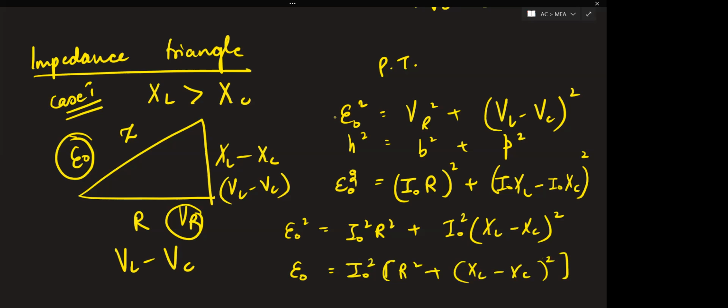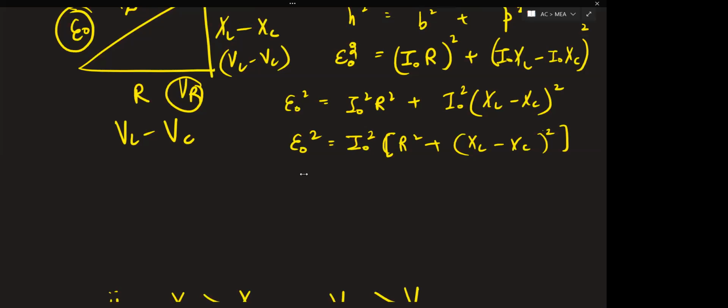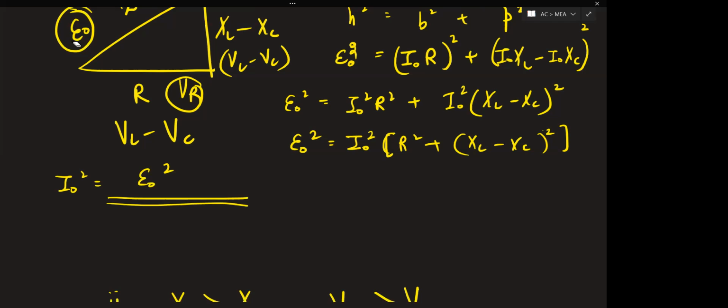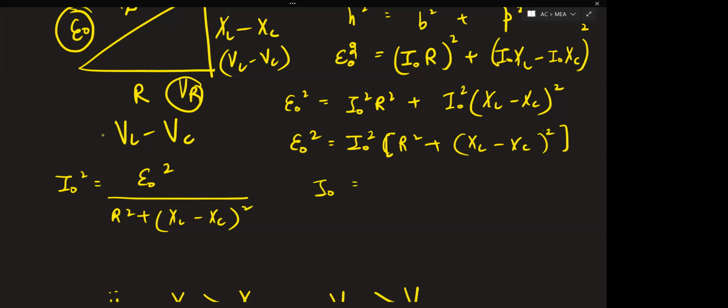From here, I naught square will be equal to E naught square divided by this whole term, R square plus XL minus XC whole square. Now, what is the value of I naught from here? This is E naught divided by the square root of R square plus XL minus XC whole square.